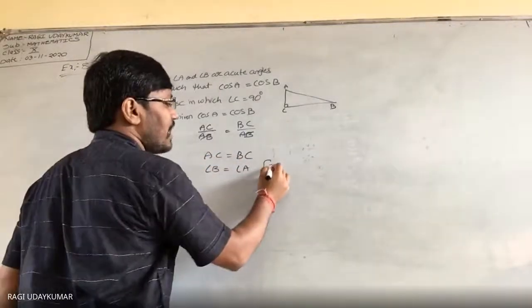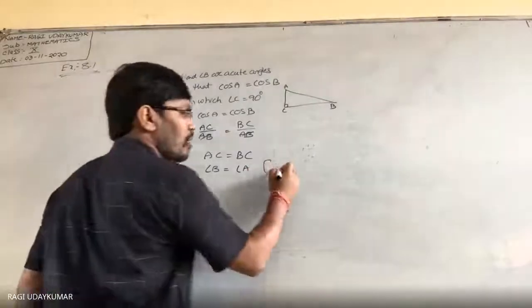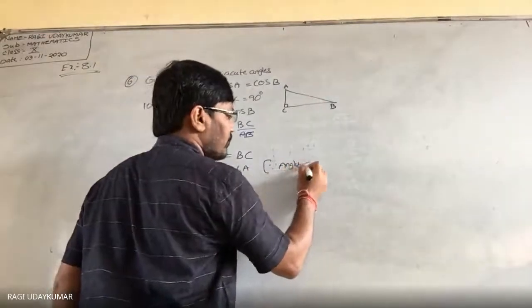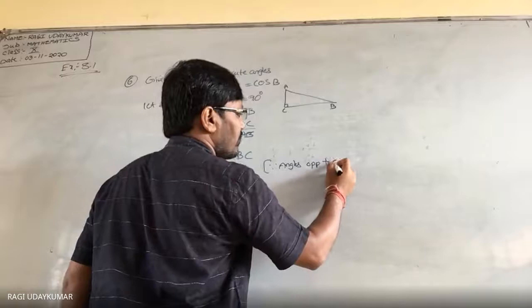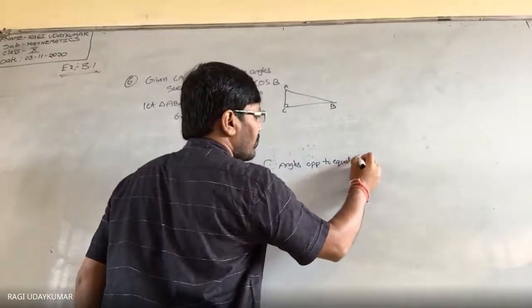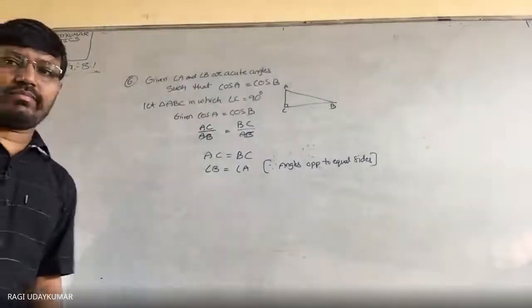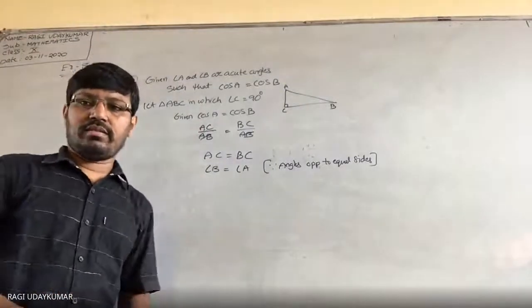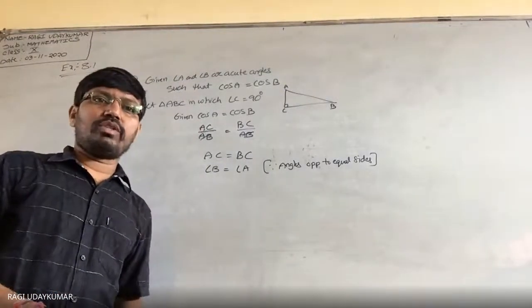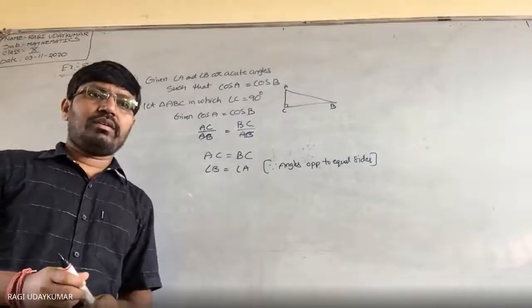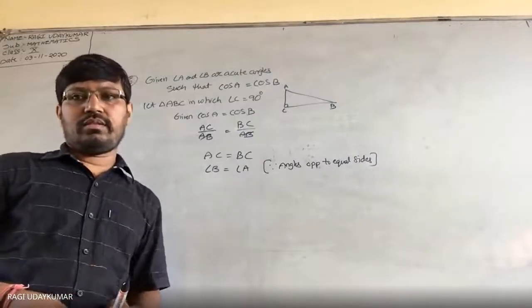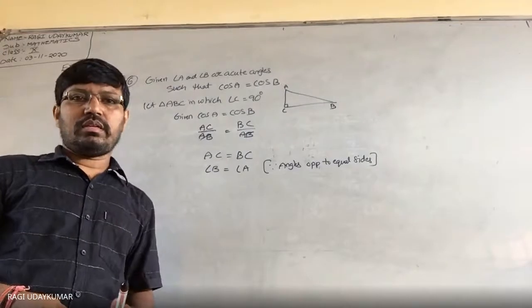Angle A. So here the reason you have to write is that angles opposite to the equal sides are equal. Understood? This may be an expected question sometimes, so do remember this one. Is it clear to you?